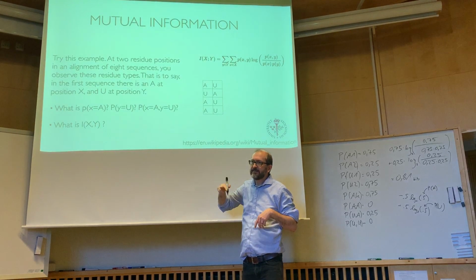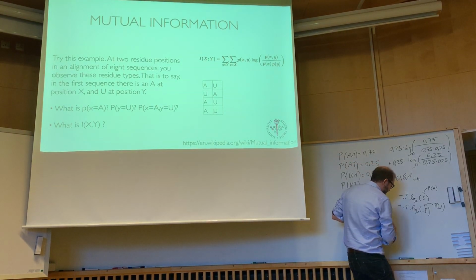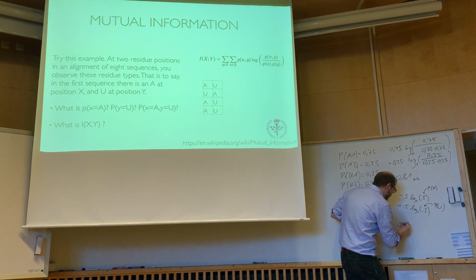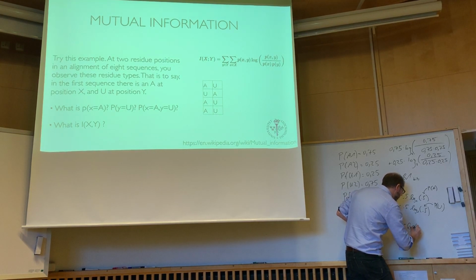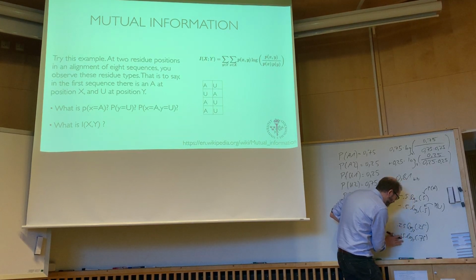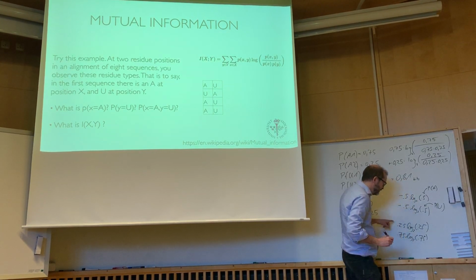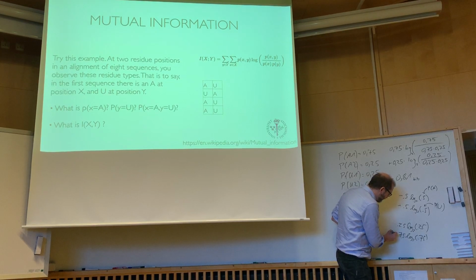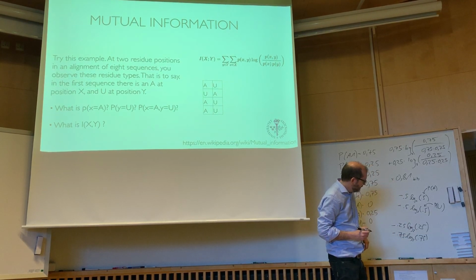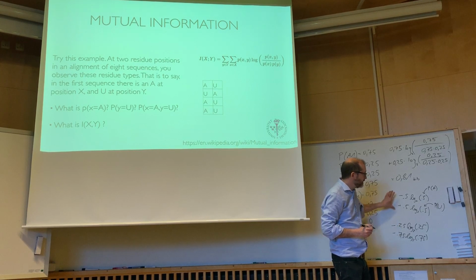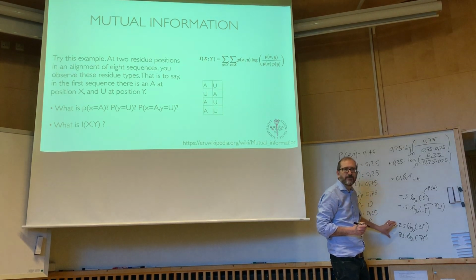Most often it's A. So basically this column is giving us 0.25 log base 2 of 0.25 plus 0.75 log base 2 of 0.75. It turns out that this sum gives us slightly less than the other sum. This is going to give us exactly 0.81.